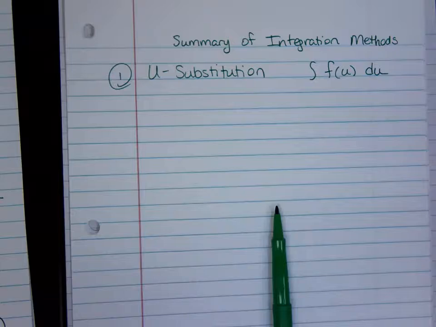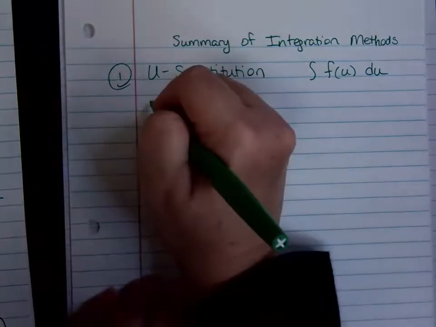But the thing that makes u-substitution unique is that you have a function and you also have its derivative or something you can make into its derivative by multiplying in a constant. Okay? So, please write this down.